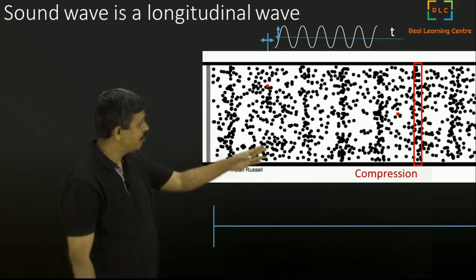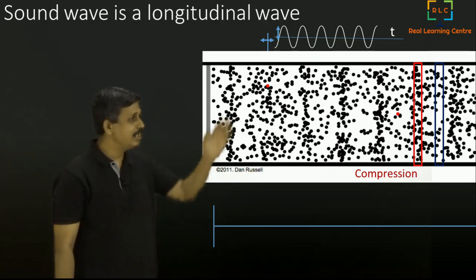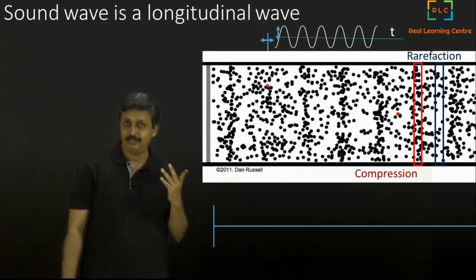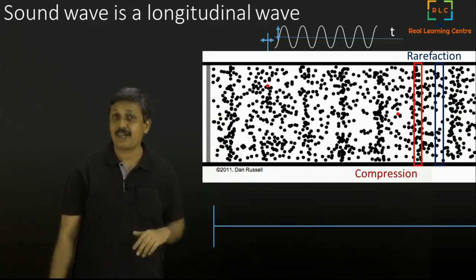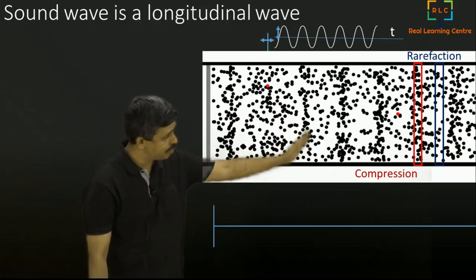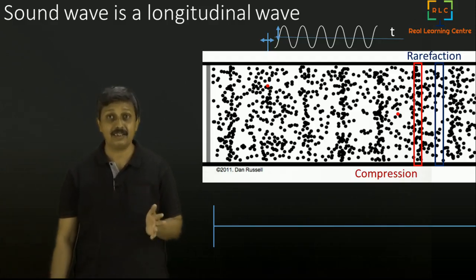In some areas it is slightly rarefied, meaning very few particles are in there. We call that rarefaction. So compression, rarefaction. There are many such compressions and rarefactions. The sound wave progresses like that.